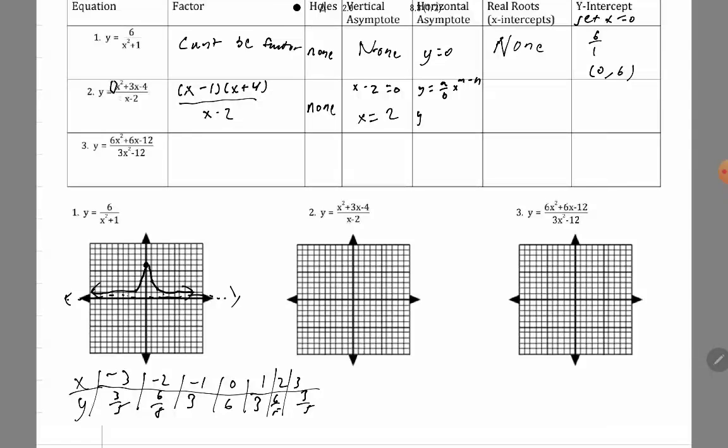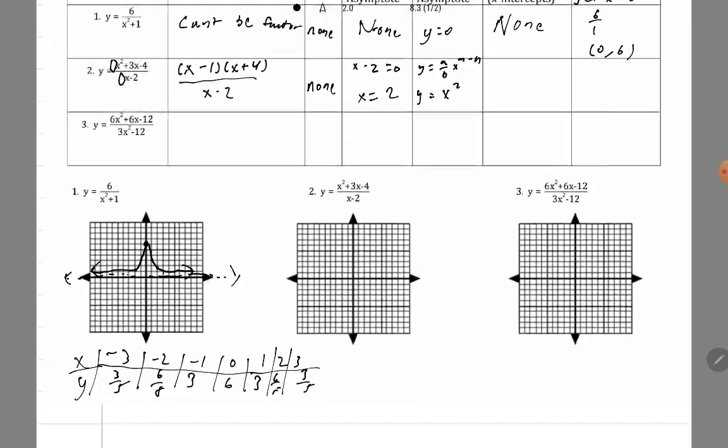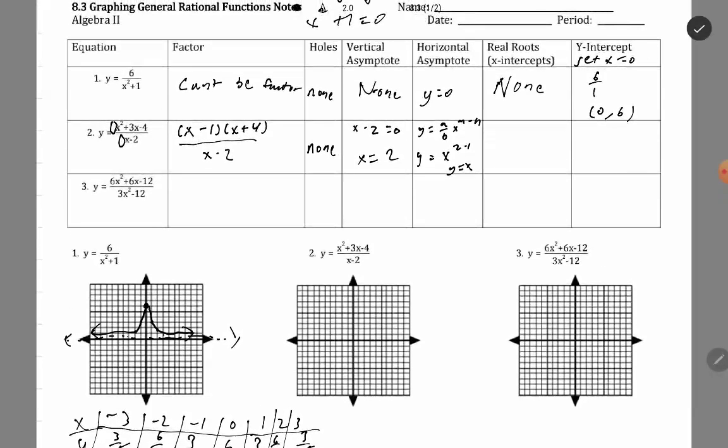So we have 1 and 1 here. So that's just x to the m minus n. The degree of the top is 2. Degree of the bottom is 1. So 2 minus 1. So this is just y equals x for our slant asymptote.